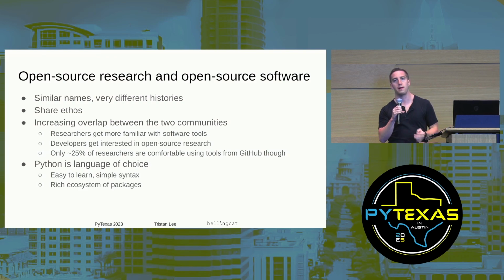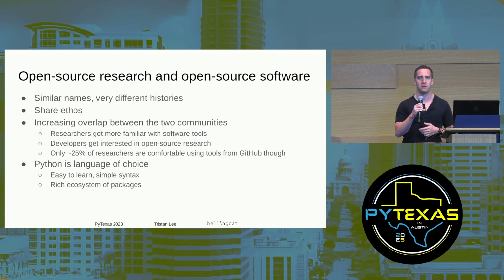And this is really driven by two factors. One is that open source researchers and journalists get more familiar with software tools, for example, learning how to run Python scripts or use the command line to automate some of their tasks, like the boring ones.